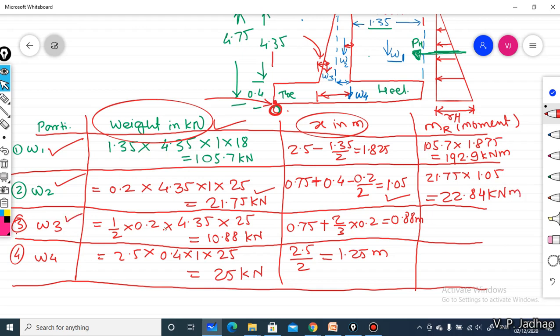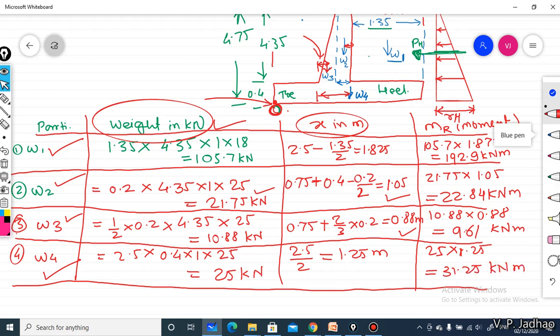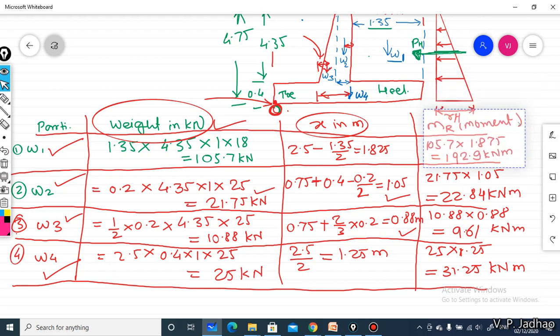Then for W3 we have 10.88 multiplied by 0.88, which comes out to be 9.61 kilonewton meter. Then for W4 we get 25 multiplied by 1.25, so the moment will be 31.25 kilonewton meter.